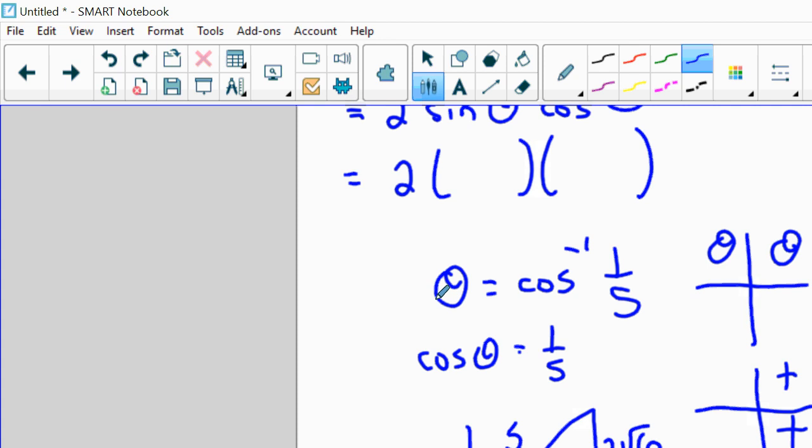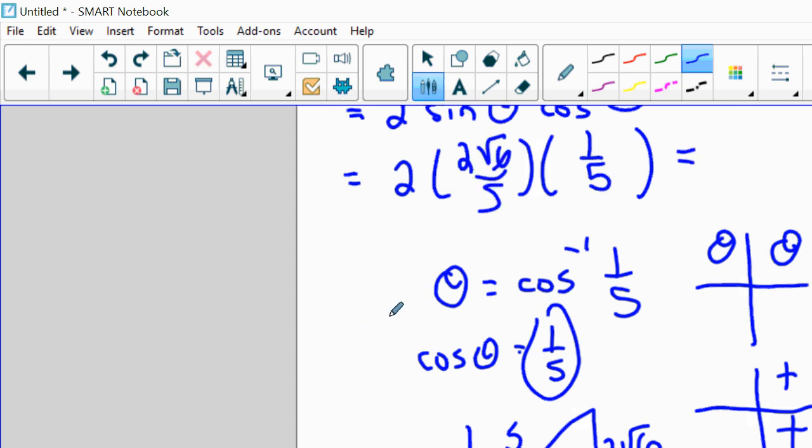We know cosine theta is 1/5, we know sine theta is 2 radical 6 over 5. So 4 radical 6 over 25. Boom.